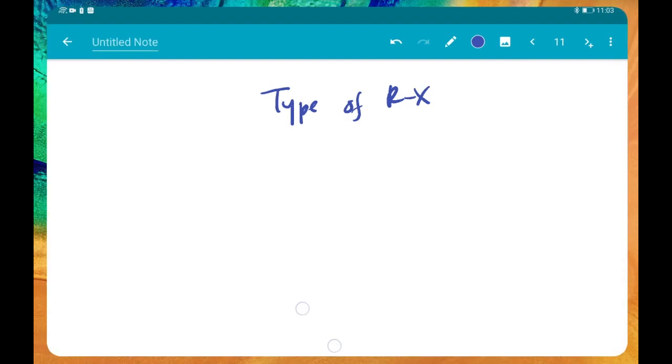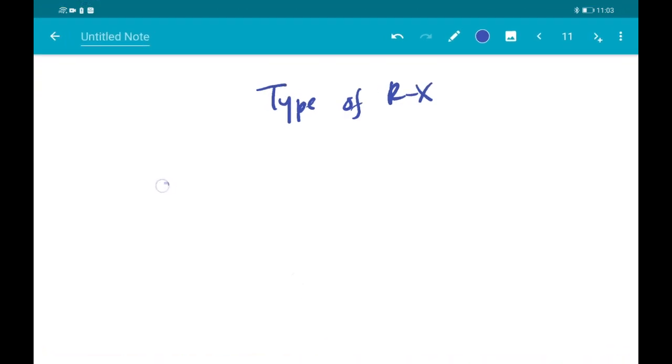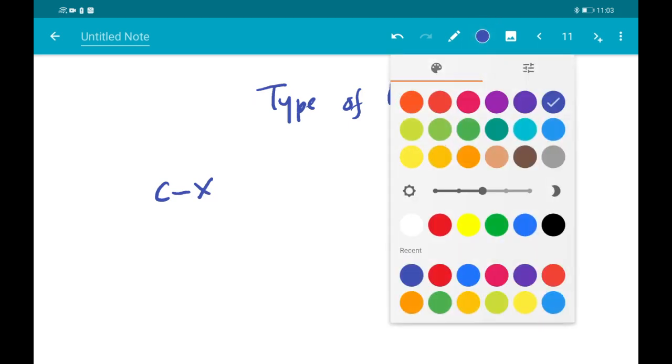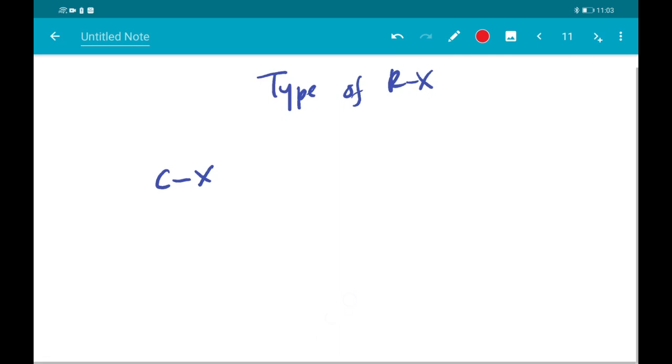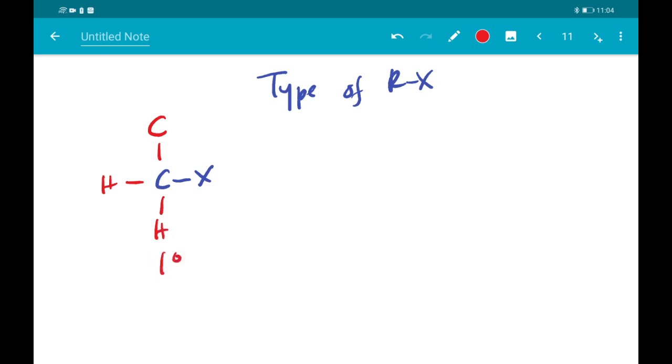For instance, for primary, we have CX, the carbon attached to the X, and then we are looking at how many carbons are attached to the CX group. So carbon having 4 bonds. If the carbon is attached to none or only 1 carbon in the structure, this will be considered as primary.